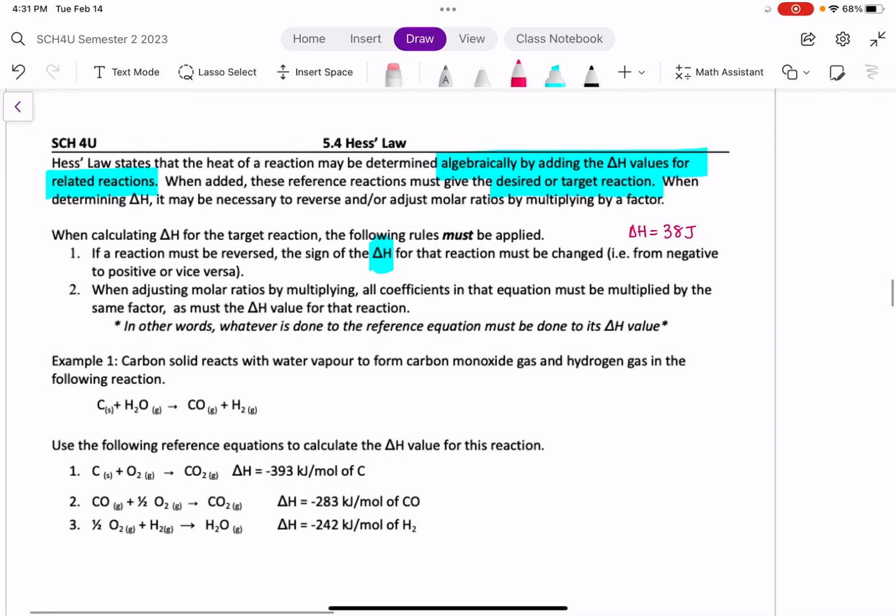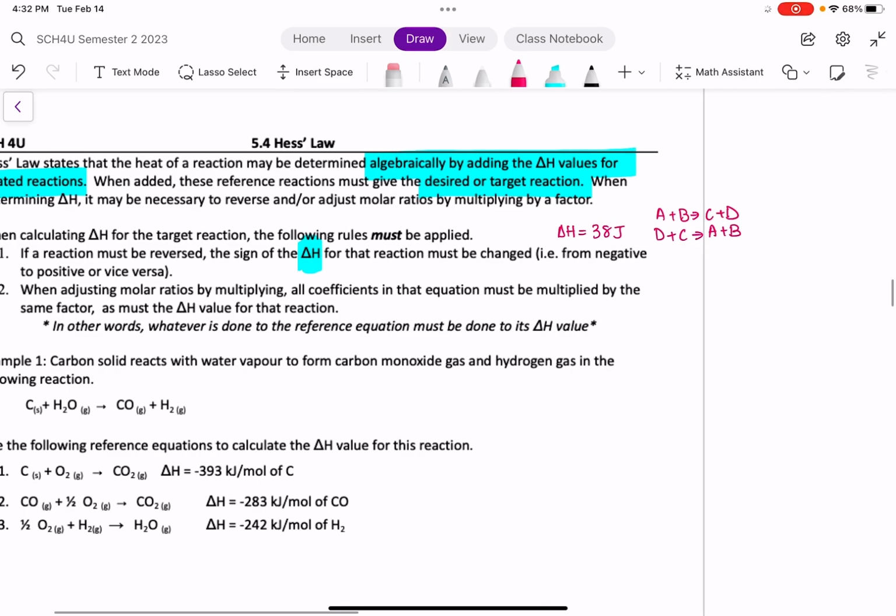If I reversed or flipped my reaction, so I manipulated it so that it was once A plus B equals C plus D, and now I'm saying I want my reaction to be flipped, then your enthalpy change should also be flipped by adding a negative sign. Or if it was a negative value, the enthalpy change is now a positive.